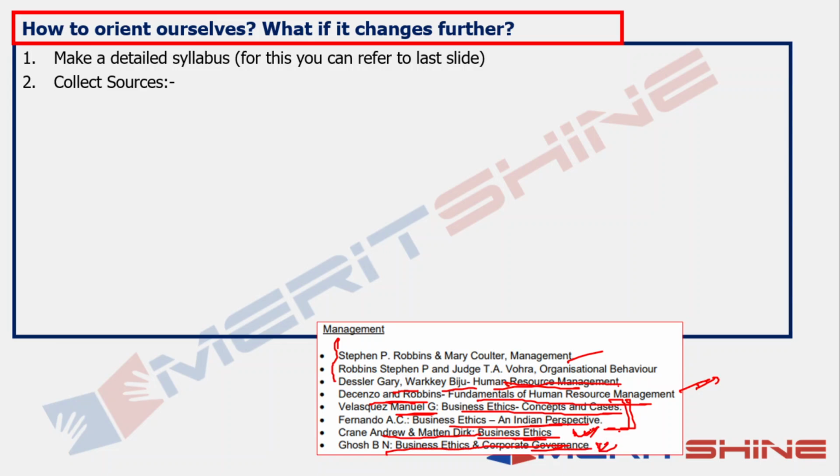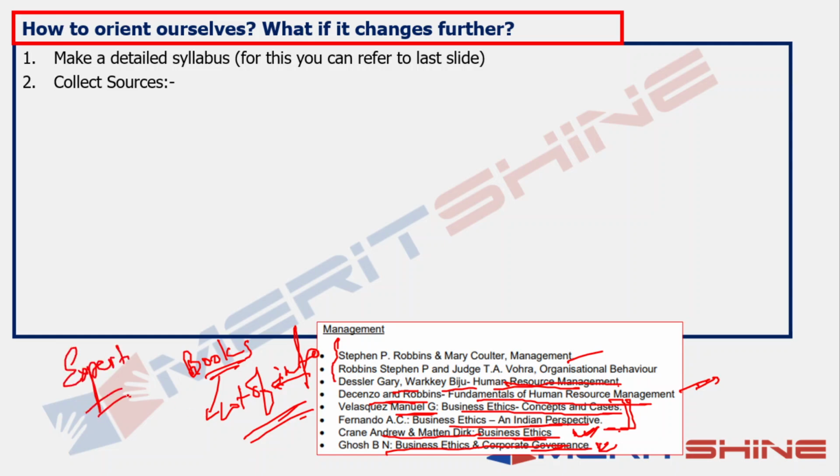But even if you go through these books, the challenge is that these books contain a lot of information which is not really relevant for you, because you are not required to be an expert of these fields. And when it comes to ethics or corporate governance, there are so many legalities to it. You really do not want to get into that. So what is necessary and what is not is something that you'll need to be very wary about, so that you do not invest your time in things which are not necessary.